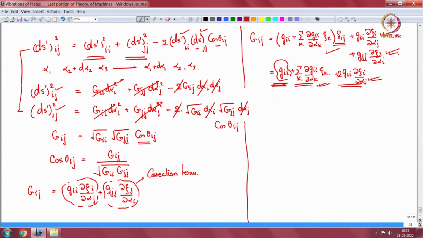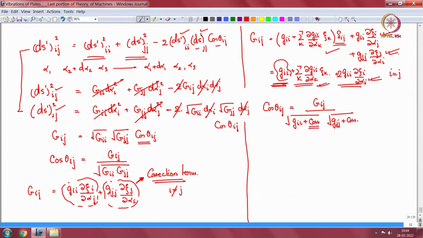Whereas in the Gij where I is not equal to j, what we have is just the correction term, which is a small term. So cos theta ij I am going to write as Gij by GII plus corrections and GJJ plus corrections.